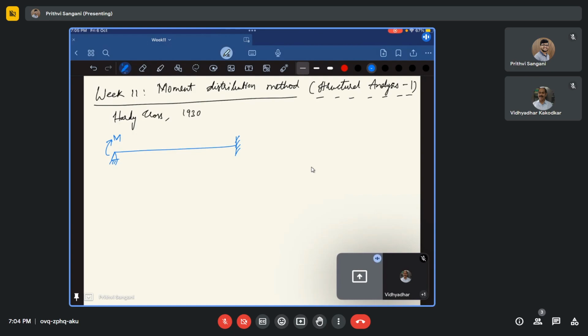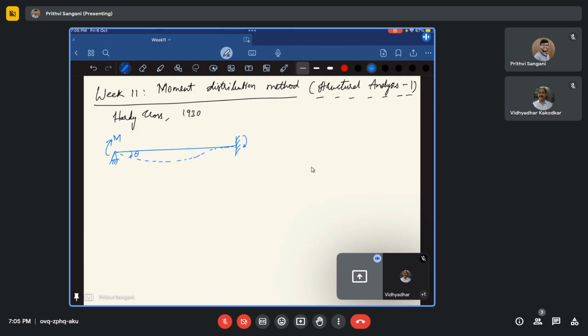Even in the slope deflection method, we were taking clockwise as positive, and downward displacement as positive, if you remember. So again, I'm applying a clockwise moment. What happens if I apply a clockwise moment? It will deform in such a way, and this will be theta.